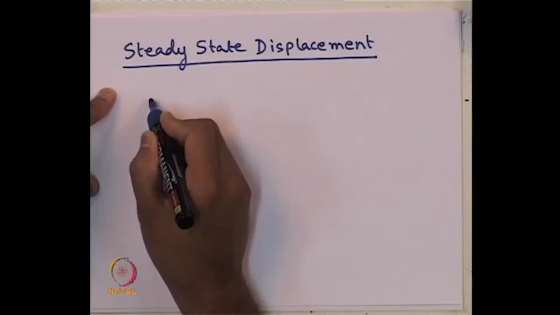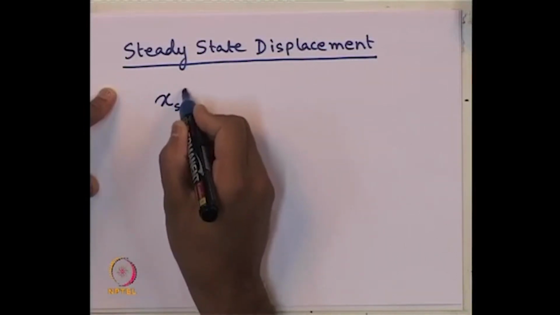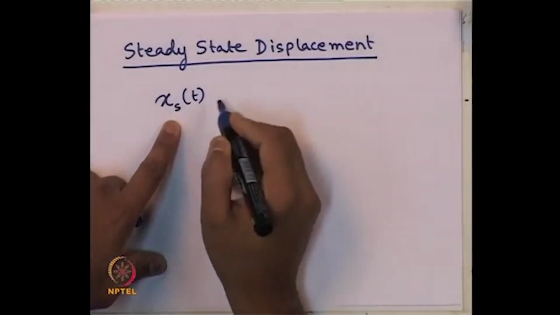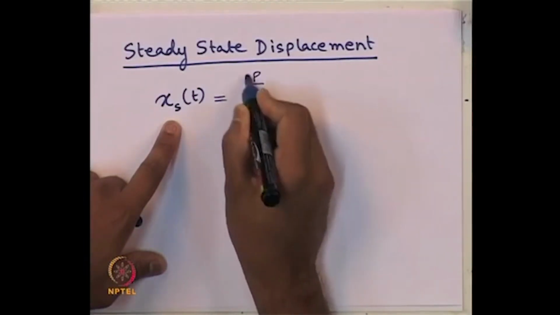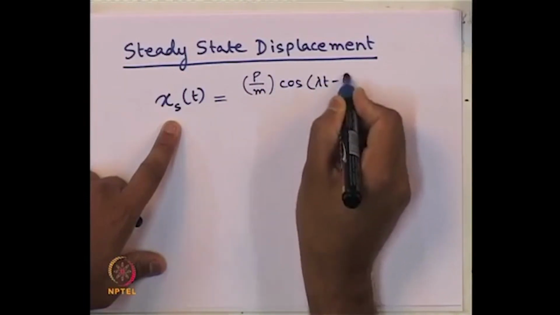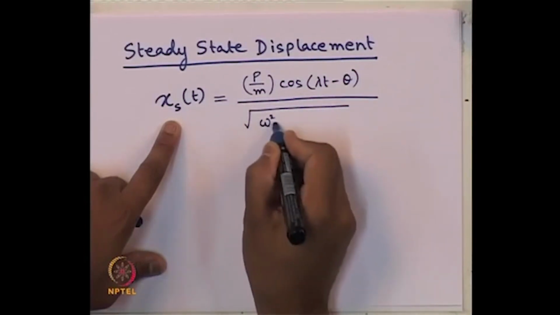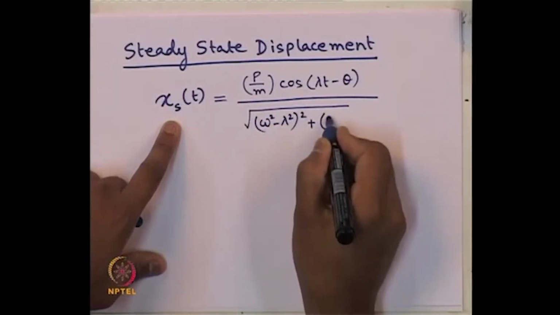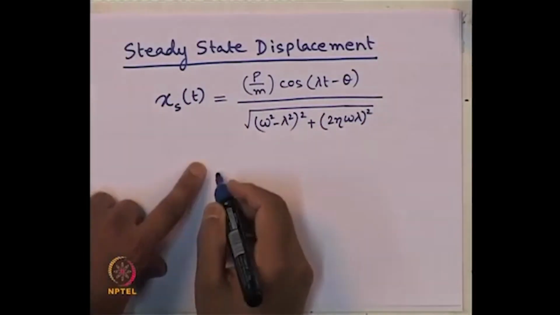The steady state displacement, let me denote it by x s of t, the small s denoting steady state. Okay. The solution we got is p by m cosine of lambda t minus theta, divided by root over omega square minus lambda square whole square plus 2 eta omega lambda whole square. That was the expression for the steady state.